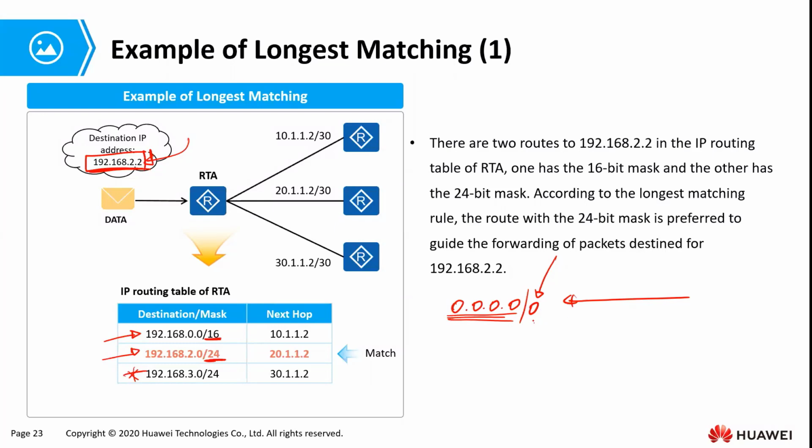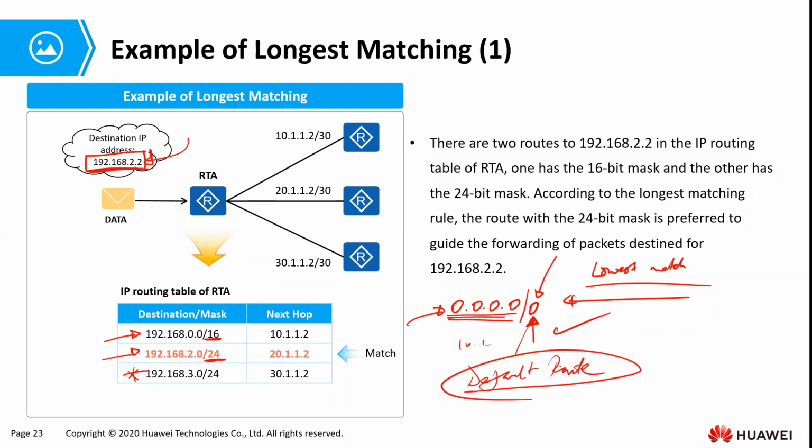But as we can see, it is the shortest match, so irrespective of which protocol learned it, it is going to be the last one selected because it has the lowest match. So if we have 10.10.10.x to the same destination, they will choose that one, unless there is no one else. That is when we look at this one. That's why we call it a default route. In case you fail and there is no other way, just send everyone to that guy.